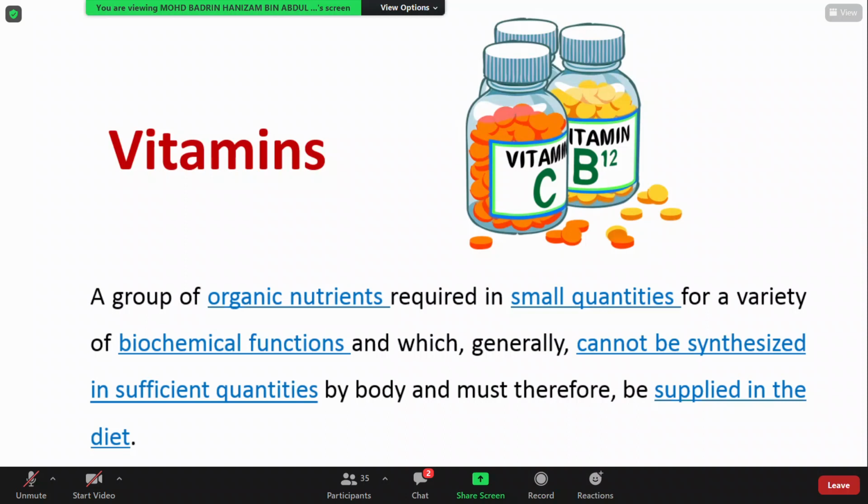Most of the vitamins can't be synthesized by our body, but for certain types of vitamin our body is capable of synthesizing them. Some of the vitamins can be synthesized, but the amount synthesized by our body is very low for it to be able to carry out these biochemical functions. So because of this, we need to get these vitamins from our diet.